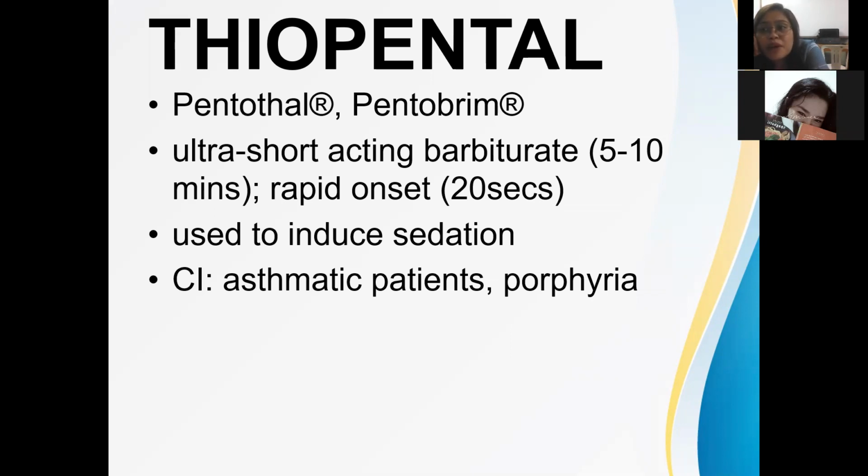I believe Ma'am Cherry already discussed the barbiturates and the benzodiazepines, so you are somewhat familiar with them. But thiopental is ultra short acting. Our benzodiazepines and barbiturates are classified into short, intermediate, and long acting. But thiopental is an ultra short acting barbiturate.